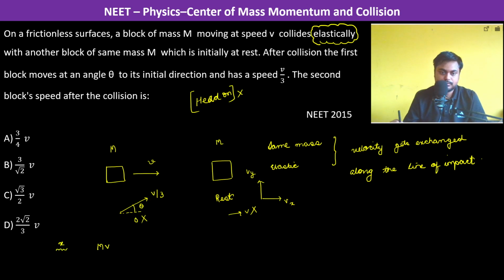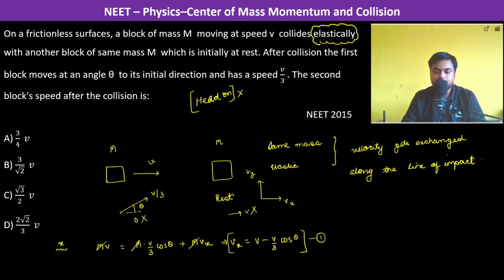So m into v, the initial momentum, should be equal to m into v by 3 cos theta plus m into vx. Therefore vx is equal to v minus v by 3 cos theta. Second, in the y direction, we have m v by 3 sin theta plus m vy.